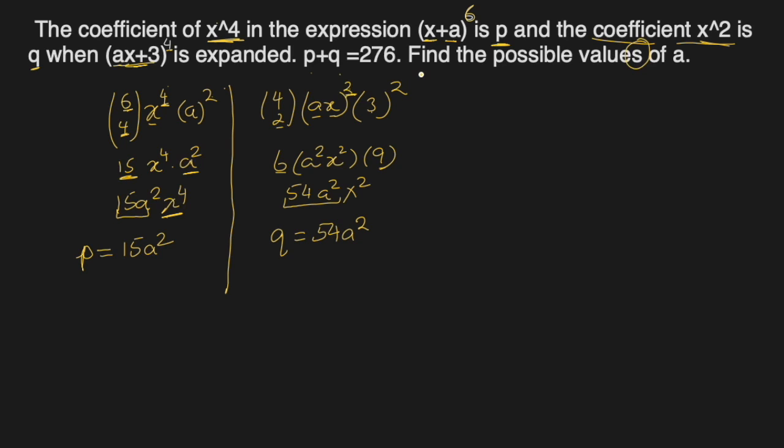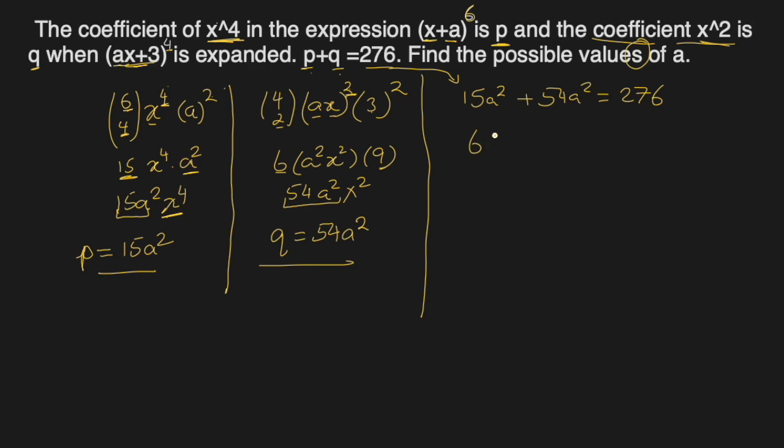Now the third condition given, p plus q is 276. 15a square is p, plus 54a square is q. Their sum is 276. This is how we interpret this based on our two values. So 69a square equals 276. a square is equal to 276 over 69. 6 times 4, 24.